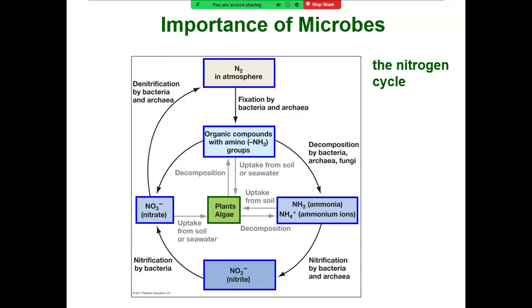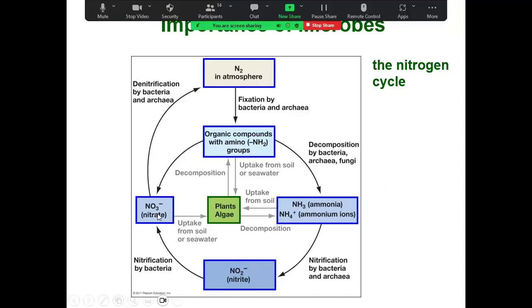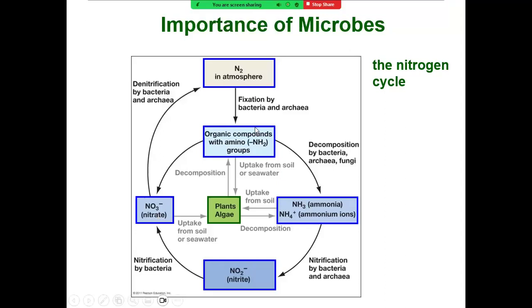So most of the nitrogen that they get comes from nitrate. Nitrate is NO3 with a negative charge. Nitrite is NO2 with a negative charge. So that's where green plants and algae get most of their nitrogen, from nitrate.